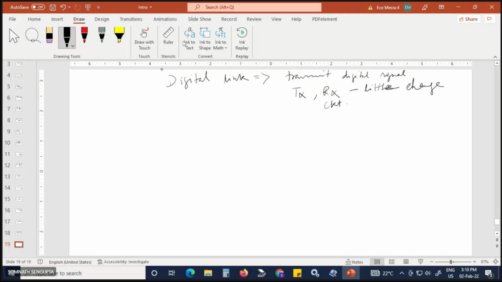So you have to take the decision. Generally, if you send that input signal digital, the detected output is analog.